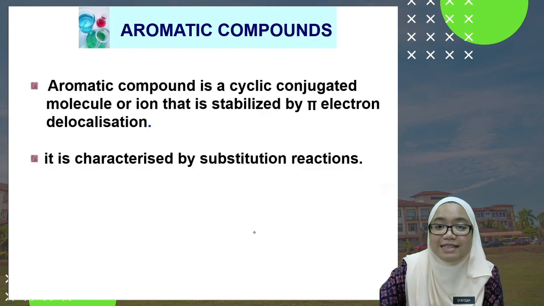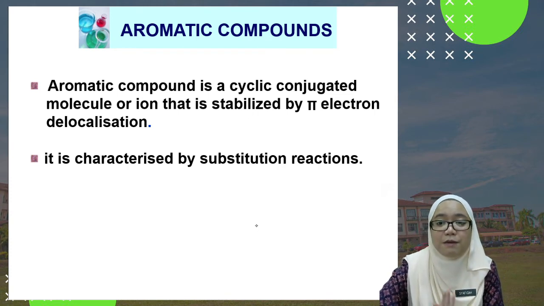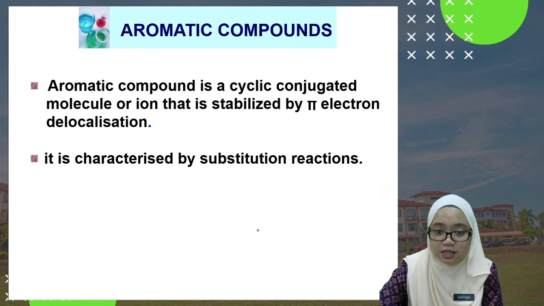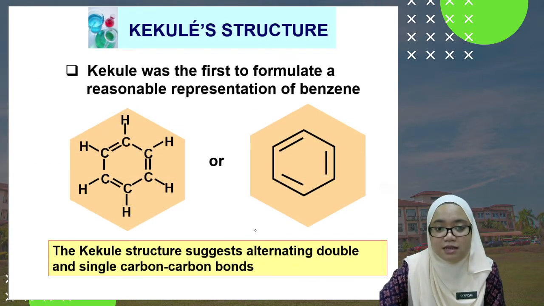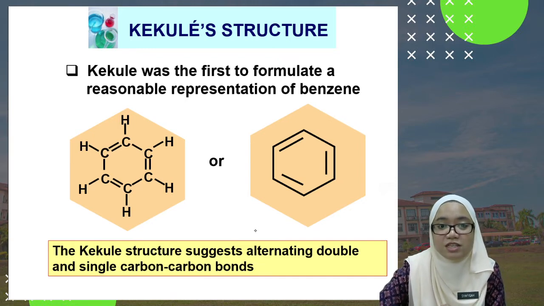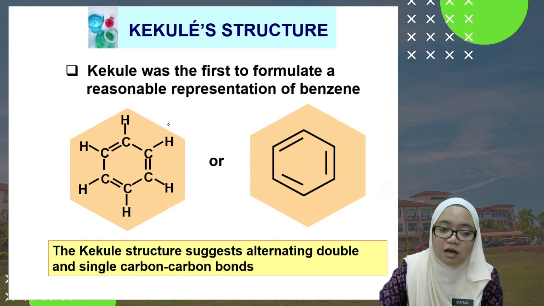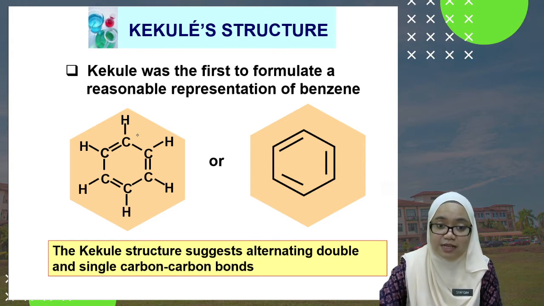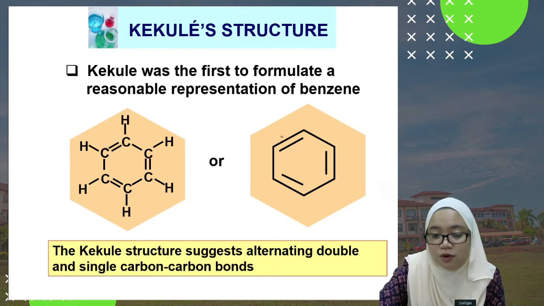An aromatic compound is a cyclic conjugated molecule or ion that is stabilized by pi electron delocalization, and it is characterized by substitution reaction. If we see here, this is Kekule's structure. Kekule was the first to formulate a reasonable representation of benzene, and we then use this structure to represent benzene.